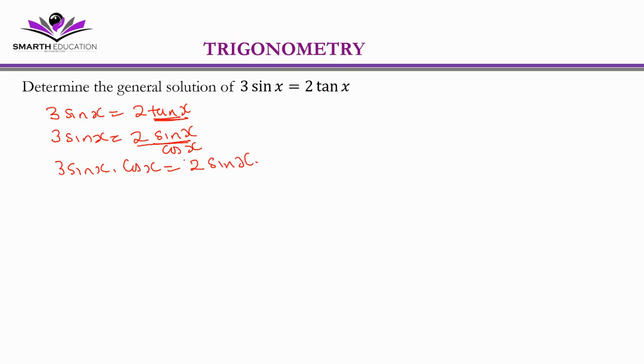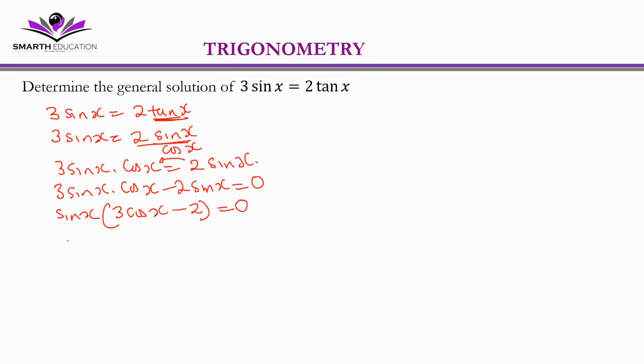Let's bring 2 sine x to this side, so it becomes 3 sine x times cos x minus 2 sine x is equal to 0. We can factor out sine x, and then we remain with 3 cos x minus 2 is equal to 0.